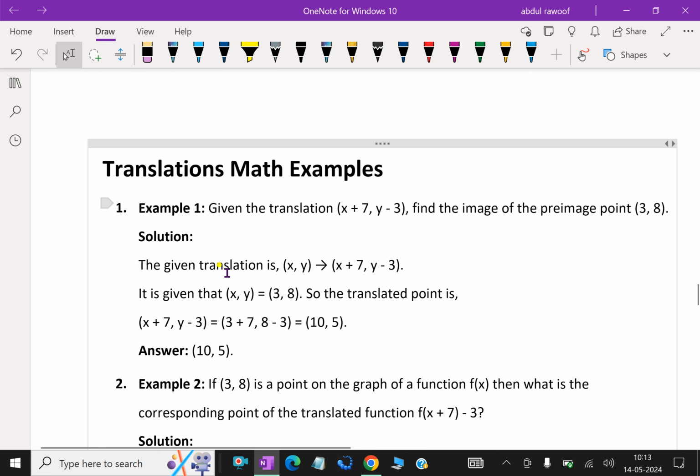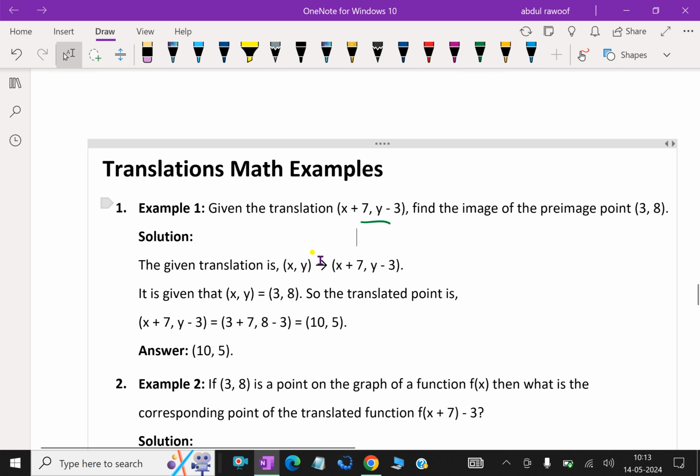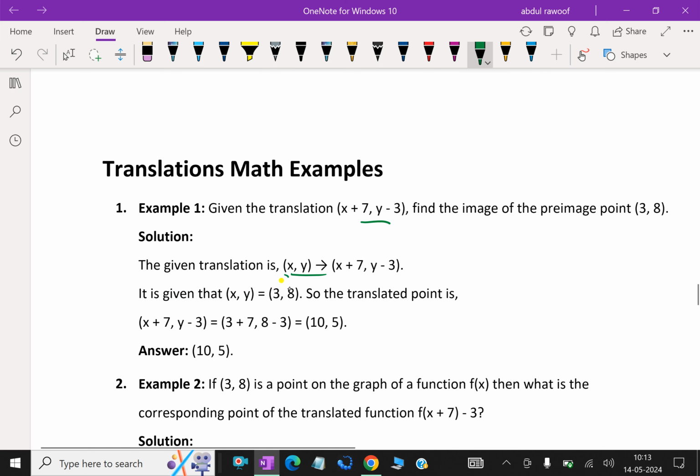Now, we can solve some simple example problems. Here, given the translation (x plus 7, y minus 3), find the image of the point (3, 8). The given translation gives (x, y) becomes (x plus 7, y minus 3).